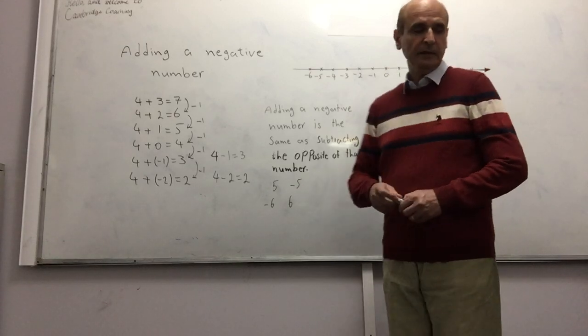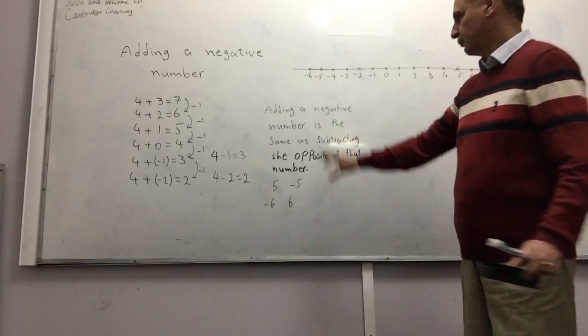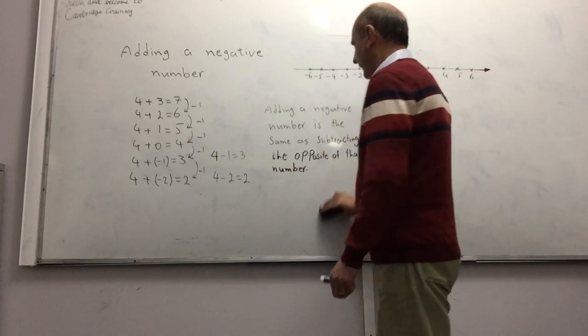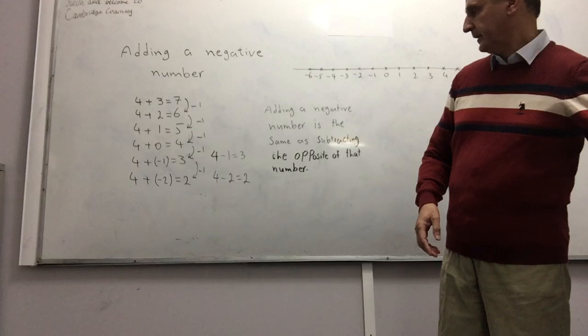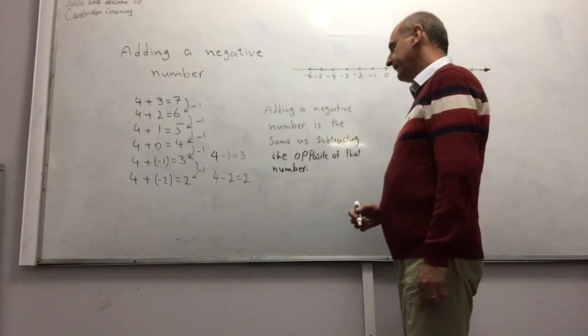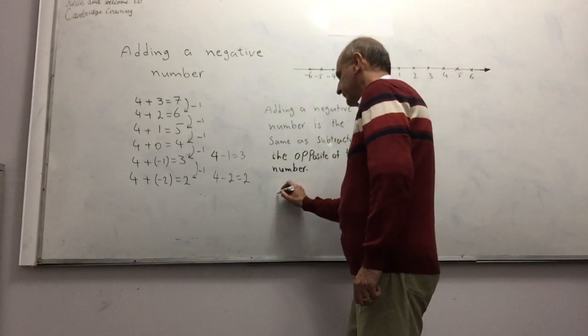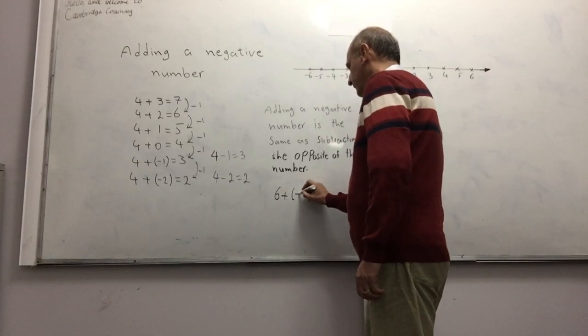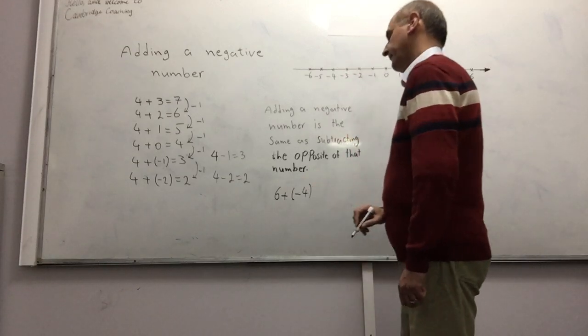So, what the statement I just wrote here means, when adding a negative number, say I'm starting from 6 and adding minus 4 to that.